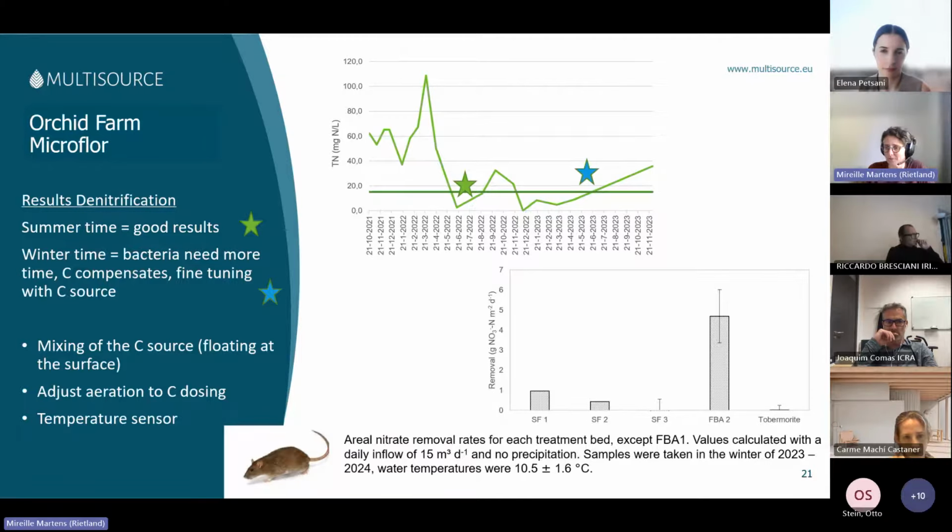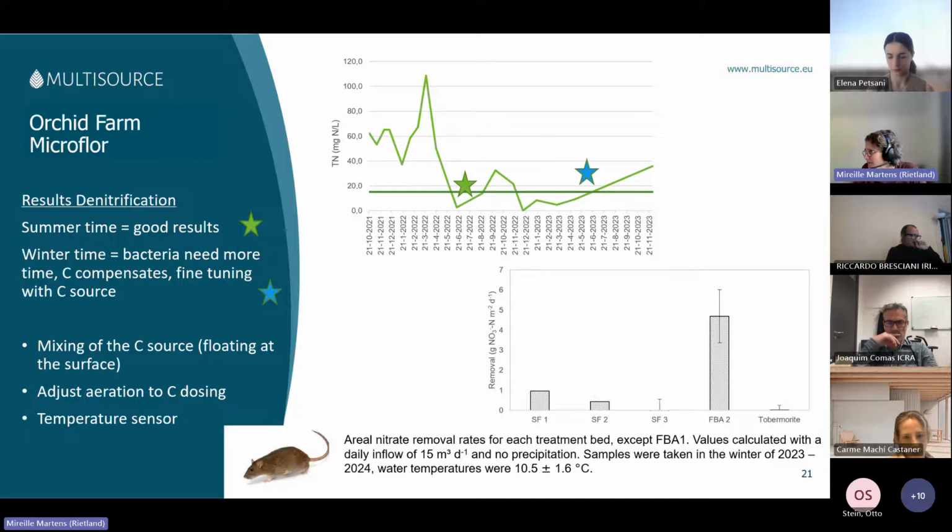water surface. And in wintertime, you can see that the bacteria, they need more time because it's a little bit cooler. So to compensate for that, we use the carbon source. And that is visual in the other chart, a little bit lower. You can see it says SF, so the free water surface.